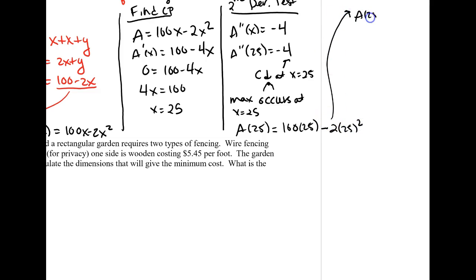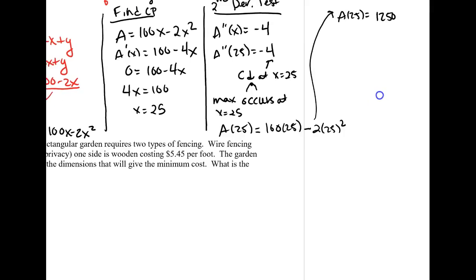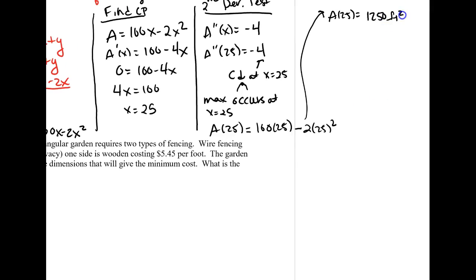So A at 25 is 1,250, and that would be in square feet. That is the max area. So there's my maximum area.